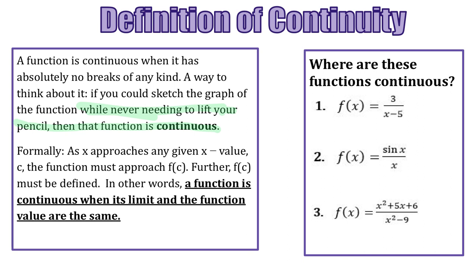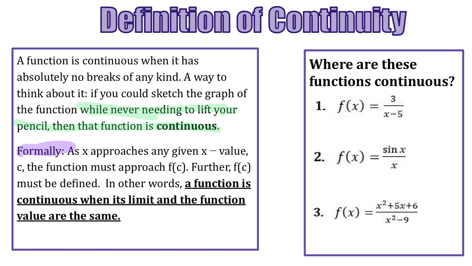Now, the formal definition has to do with limits, which is the perfect thing to mention since we have been talking about those limits. So formally, we say a function is continuous if, as x approaches any given x value, the function approaches the exact same value. Basically, what that means is a function is continuous when the limit is the same number as the value of the function.